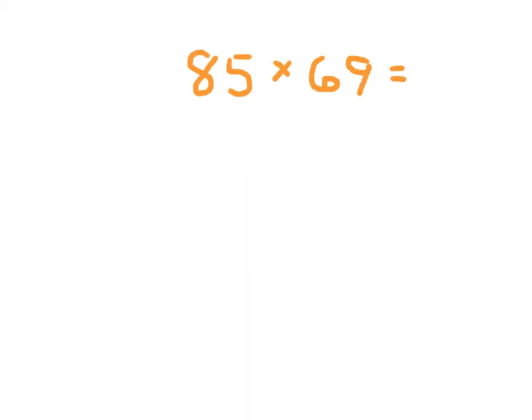One final problem, 85 times 69. So we'll write an 8, a 5 for 85, and for the other factor we write a 6 and a 9.